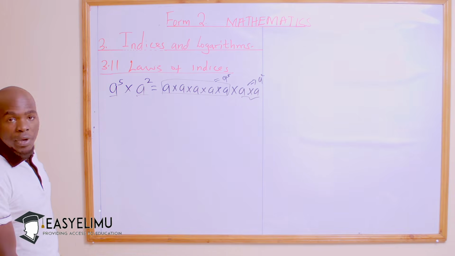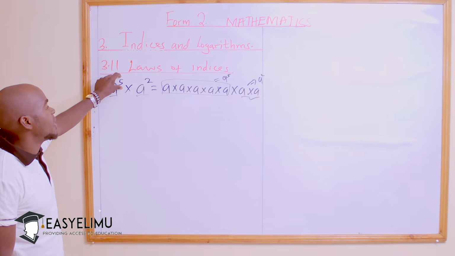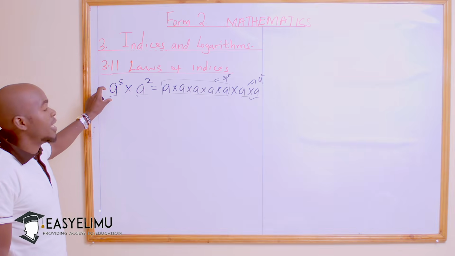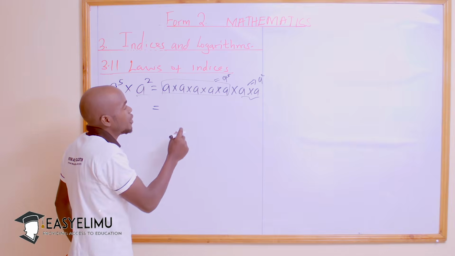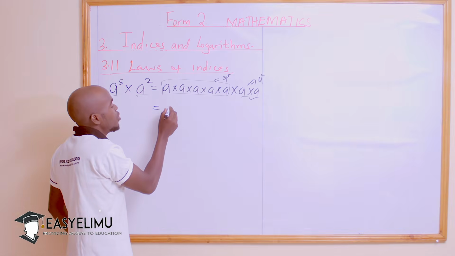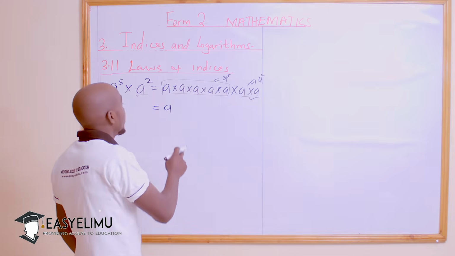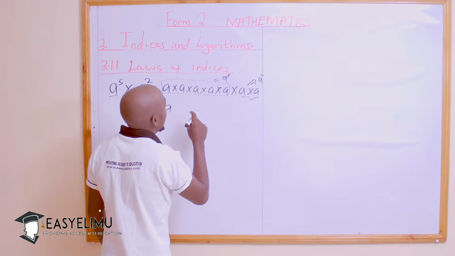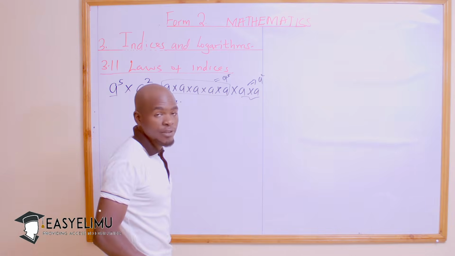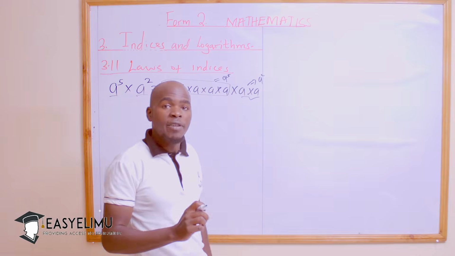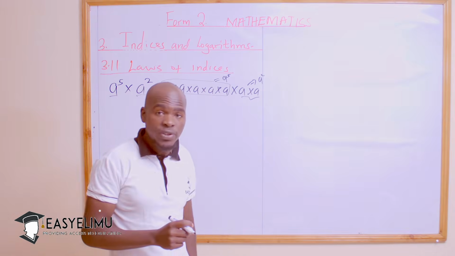As we had said earlier, a here is the base and 5 is the index to which a is raised. Since the base is the same, it means that we are going to multiply all of this and we shall get a raised to 7, because you will have 7 a's. So it will be a raised to 7.